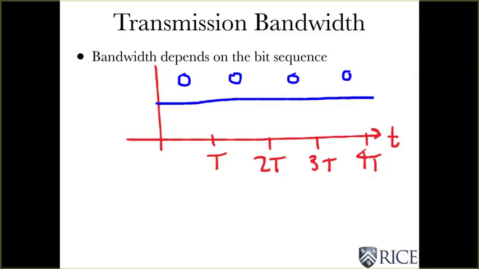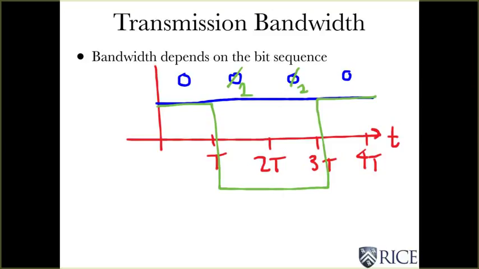And that constant has no bandwidth. It's a constant basically for all time, and clearly that's not going to work very well. If I have the alternate bit sequence that I showed in previous slides, now the transmitted signal looks like this, which certainly has a wider bandwidth than a constant signal.